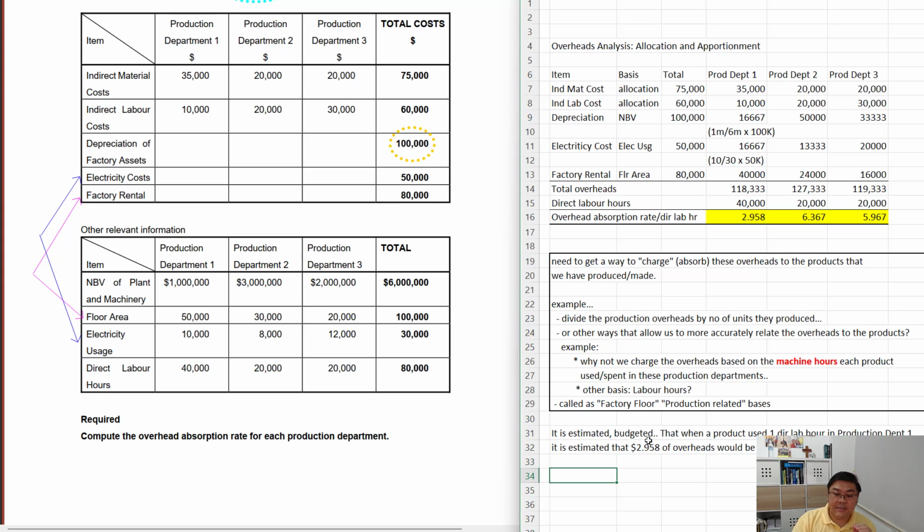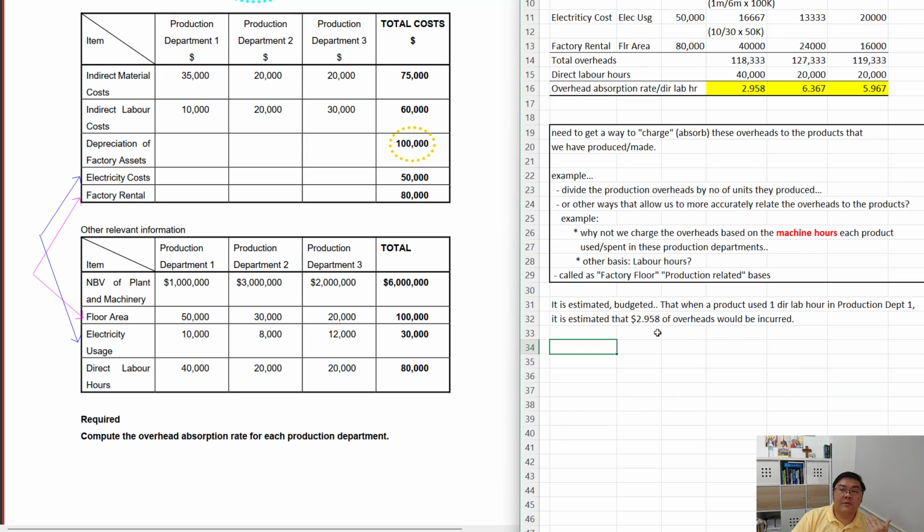So the logic is we should charge 2.958 to the products.